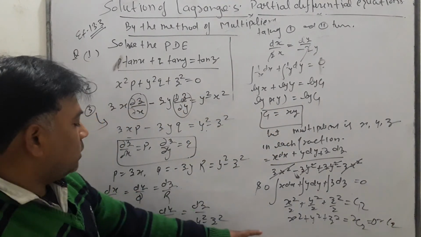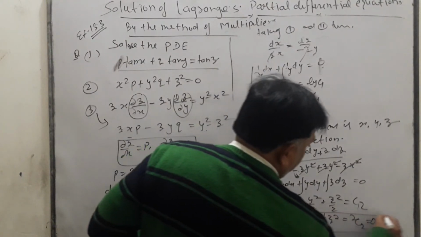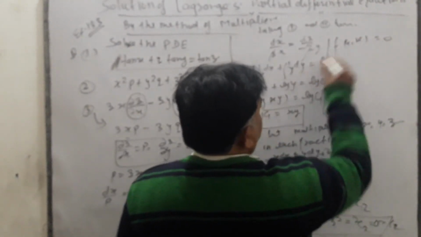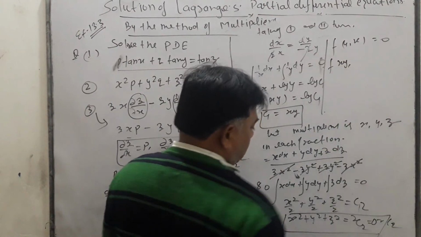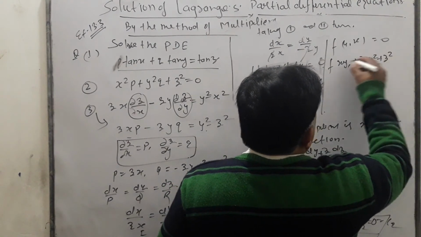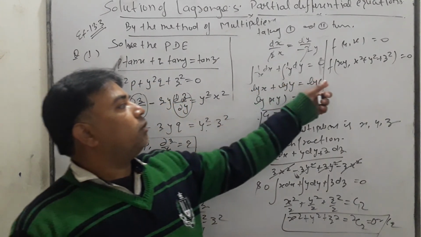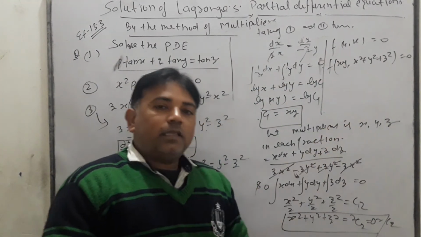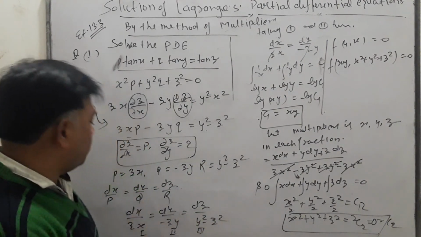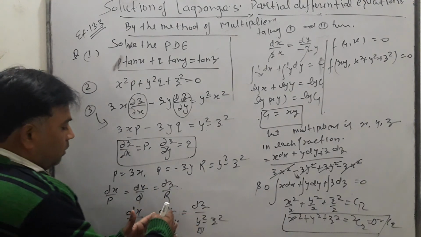Write down the first solution, we get c1 as this, and the second solution as this. Write F(u, v) = 0. Then F(xy, x² + y² + z²) = 0 is the complete solution of this partial differential equation. We apply the method of multipliers because you are not getting the solution from any two terms.